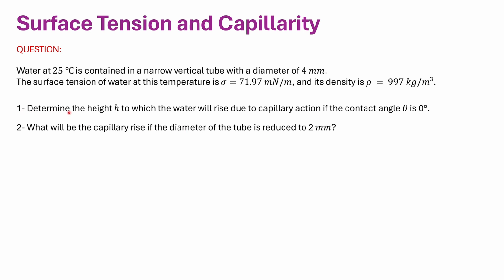Number 1, determine the height h to which the water will rise due to capillary action if the contact angle theta is 0. Number 2, what will be the capillary rise if the diameter of the tube is reduced to 2 millimeters? At this point, you can pause the video and use the formula in the previous slide to find the answer.